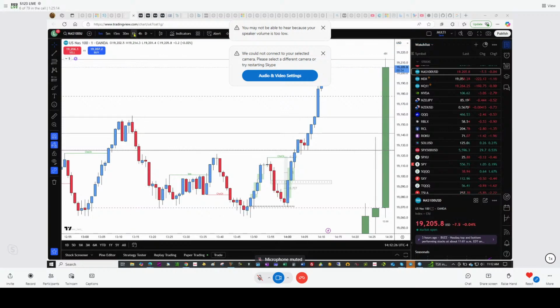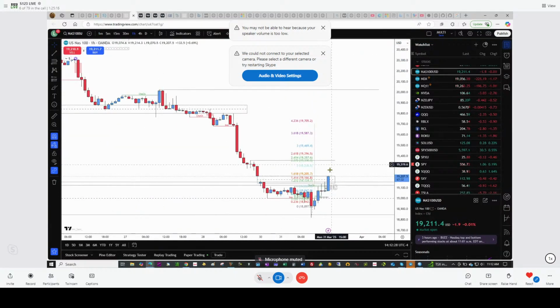If I go up to the hourly, we're heading up to where? There's another gap here. Okay, that gap is part of the whole gap, so I'm going to forget that one. We're heading up to these highs here.